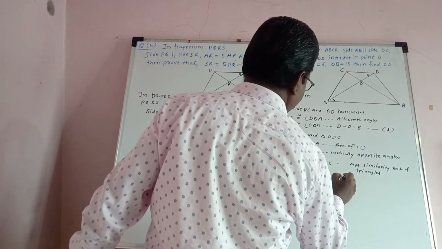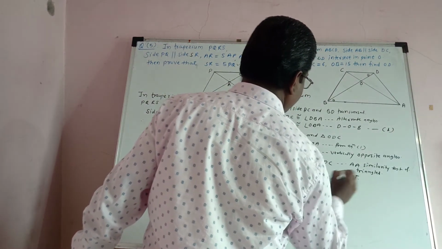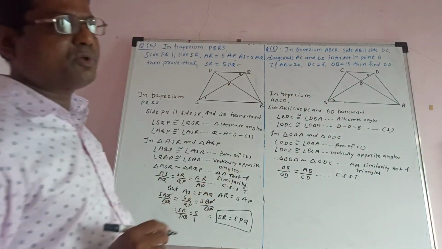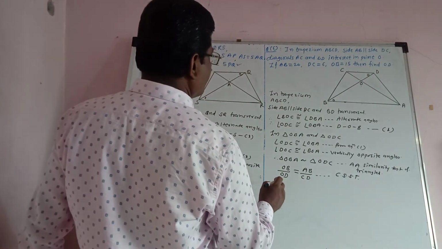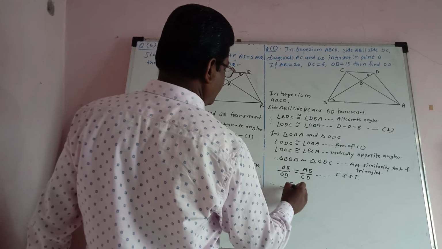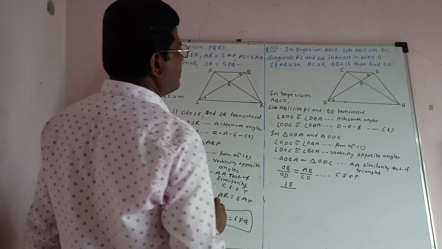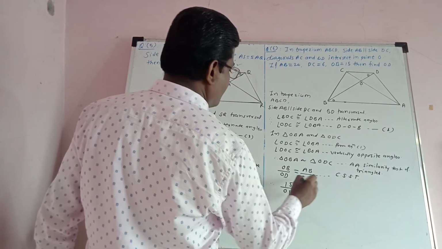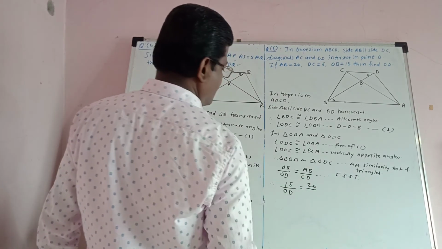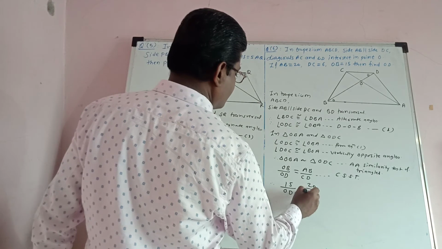This is CSST, corresponding sides of similar triangles. Put the values: the value of OB is 15 and OD is to be found out. The value of AB is 20 and that of CD is 6.